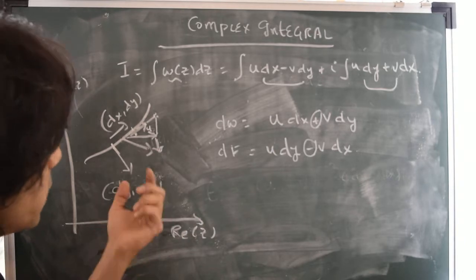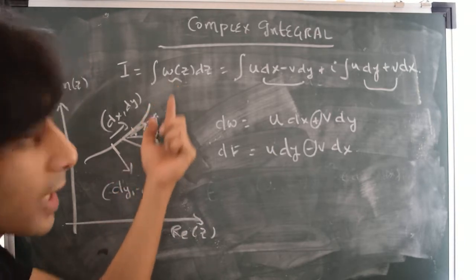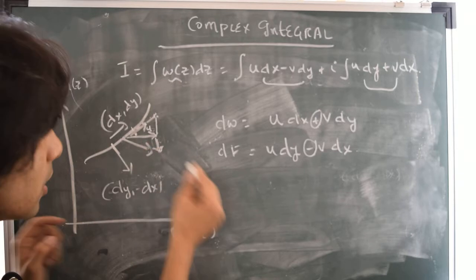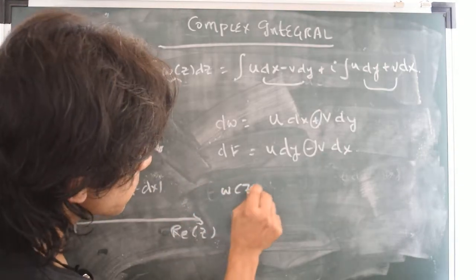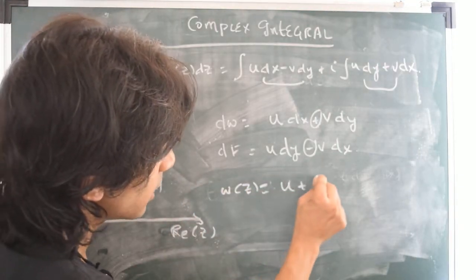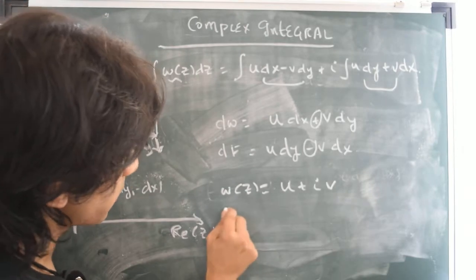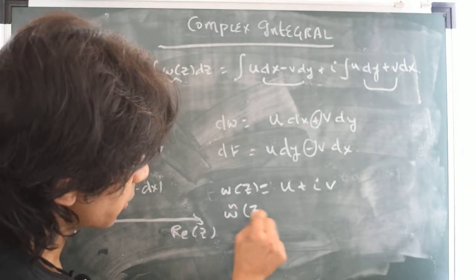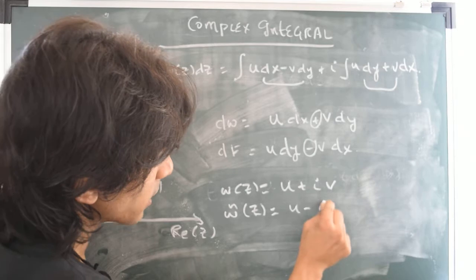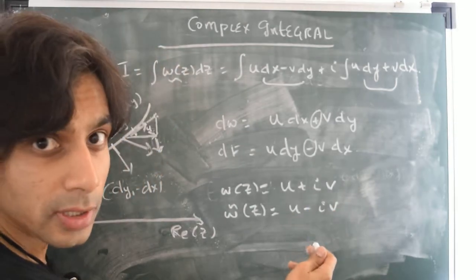And in terms of complex notation, how do we get this vector field from here? Well, if w(z) is u plus iv, then what we want is a vector field corresponding to the complex mapping u minus iv, which is just the conjugate of this.